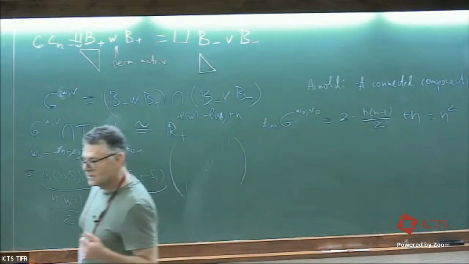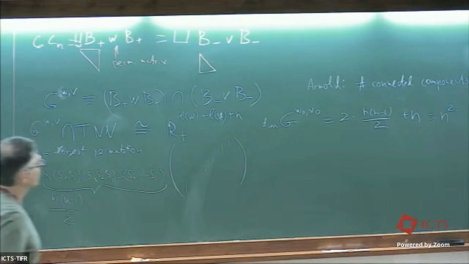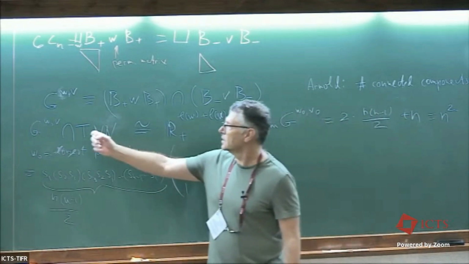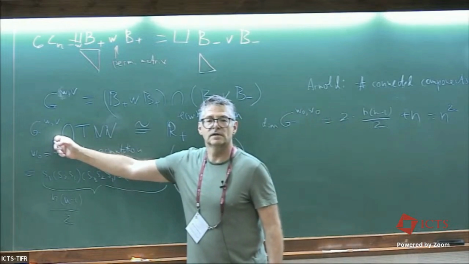This was called the Fomin-Shapiro conjecture, which was proved by Patricia Hersh and then generalized by Galashin, Karp, and Lam for the positive Grassmannian. So you can then ask the question: what is topologically the closure of this set?